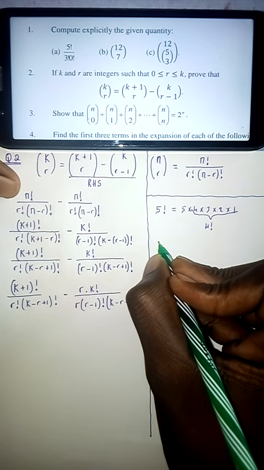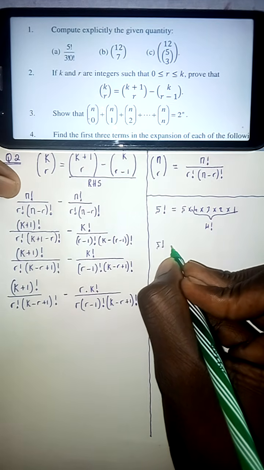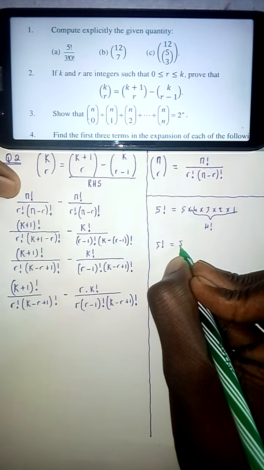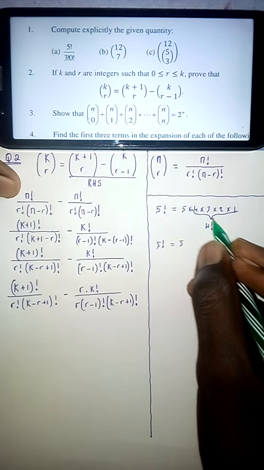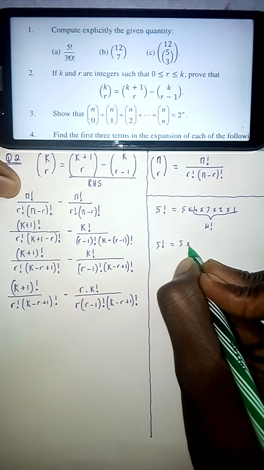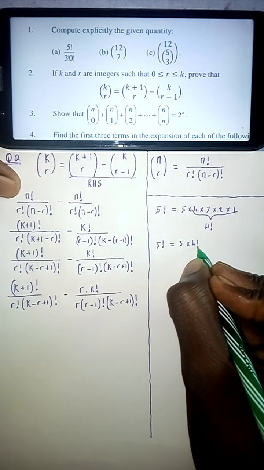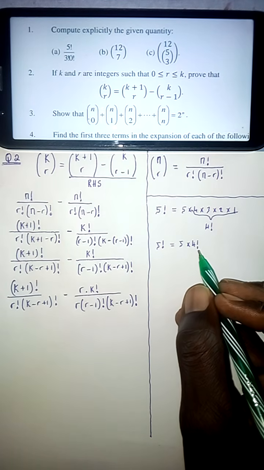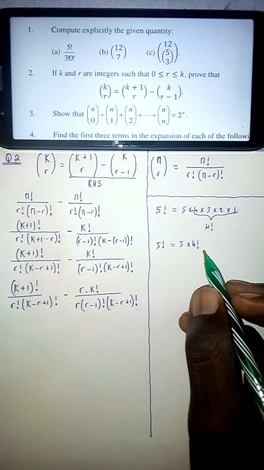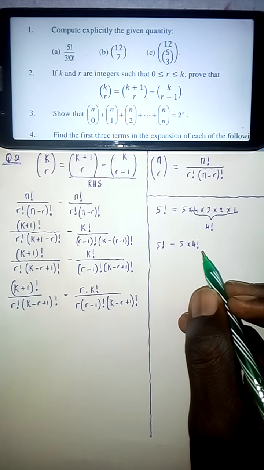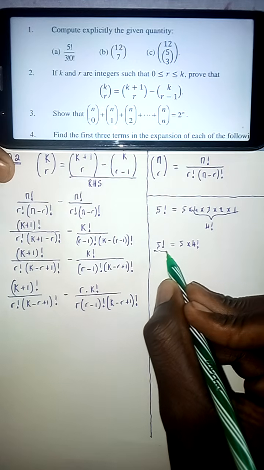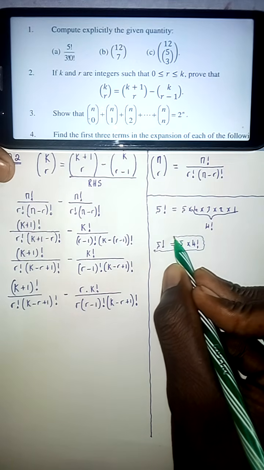Meaning that 5 factorial can also be written as 5 multiplied by this entire part, which is equivalent to 5 multiplied by 4 factorial. Is everything clear, guys? Take note of this.